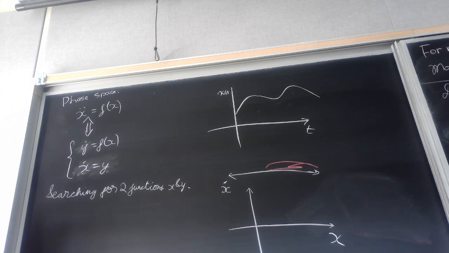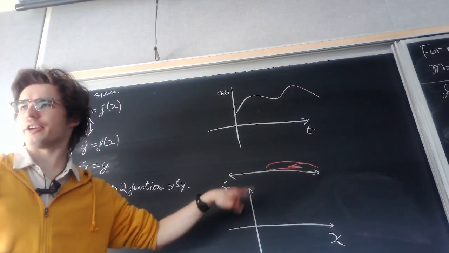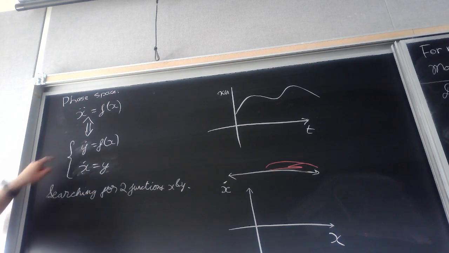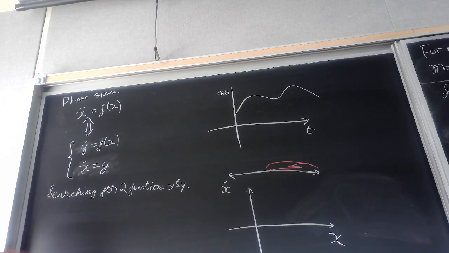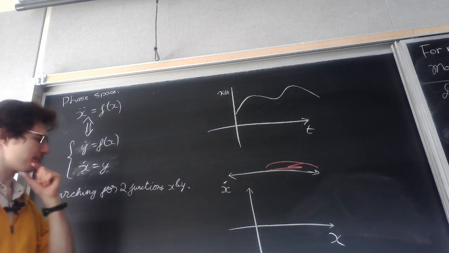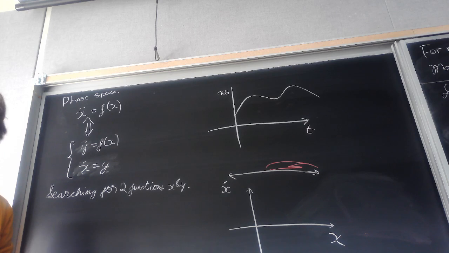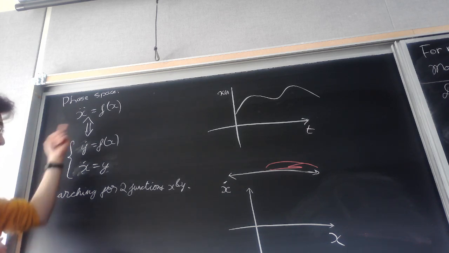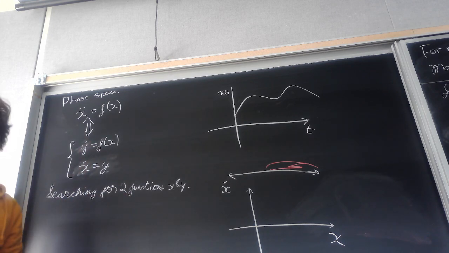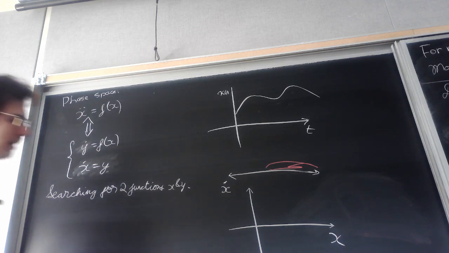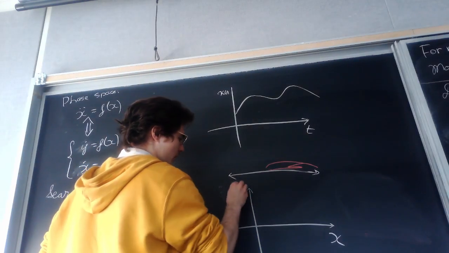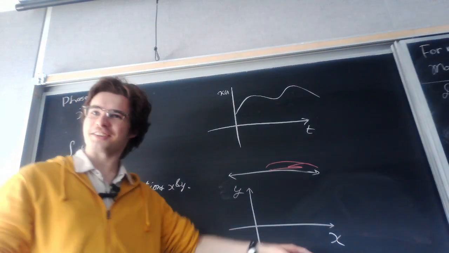So now let's see what we should be plotting here and how this relates to this system of equations, right? So now, instead of looking for one function, I'm looking for two functions, right? X and y. And I'm saying that let's plot these functions x and y, because y is the y-axis, x is the x-axis.